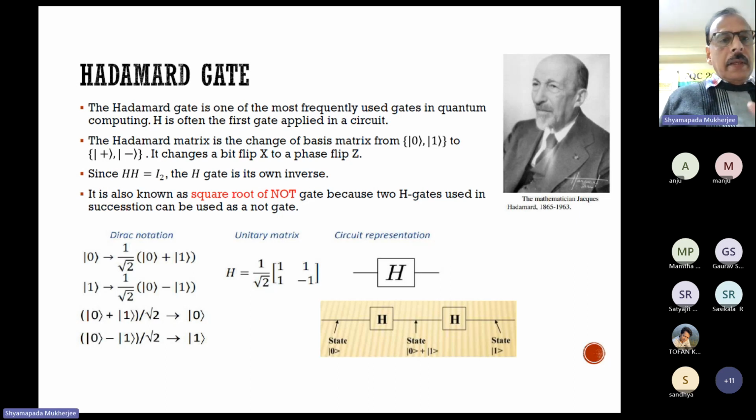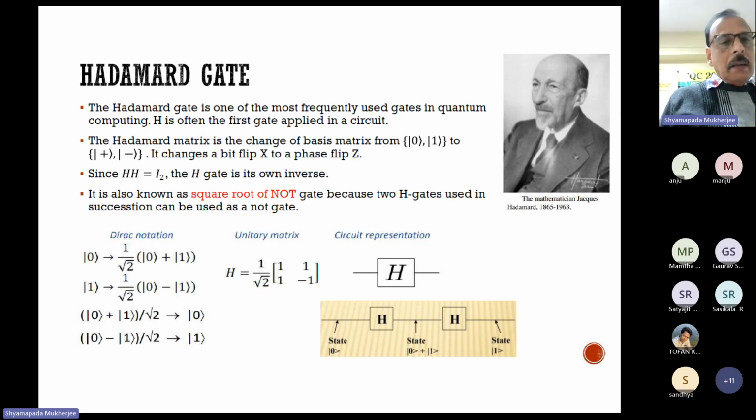Now you see from the Dirac notation, you can check the Hadamard gate notation, how the zero vector goes. The zero vector goes to 1 by root 2 of 0 plus 1 by root 2 of 1. So this produces a superposition state, and generally qubits are associated with superposition. Naturally, the Hadamard takes 1 to 1 by root 2 of (0 minus 1).